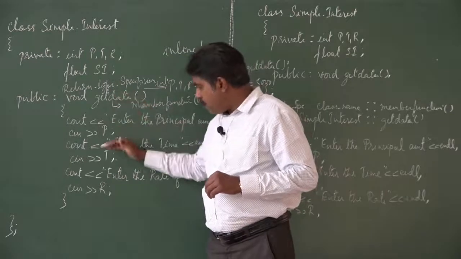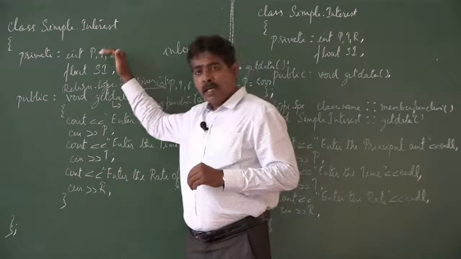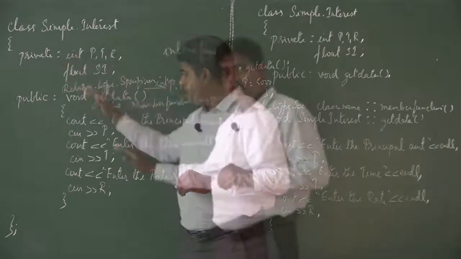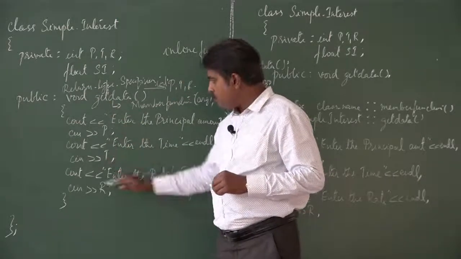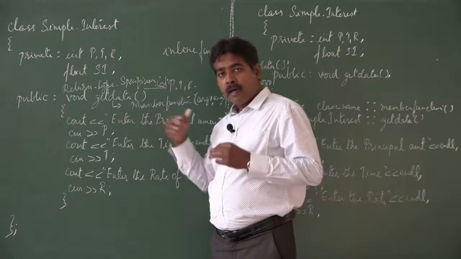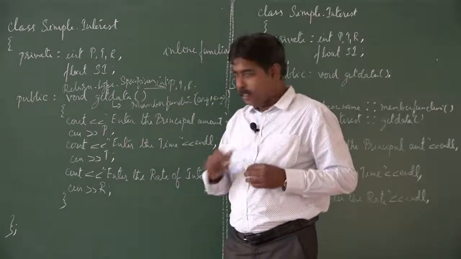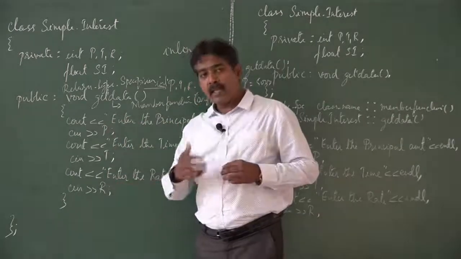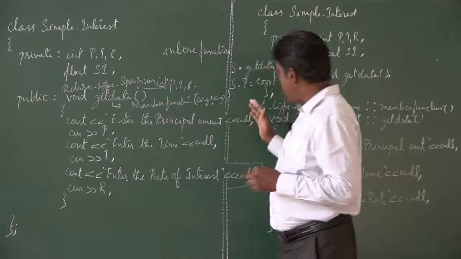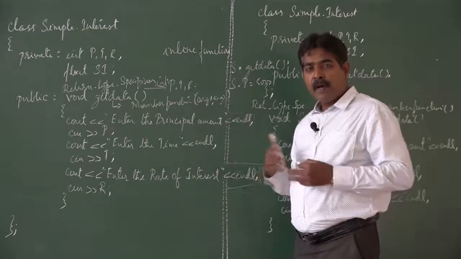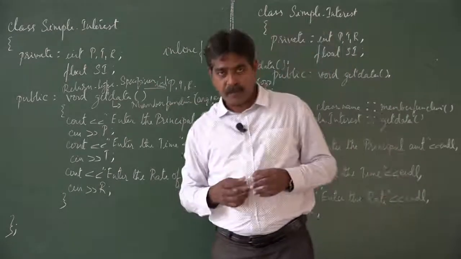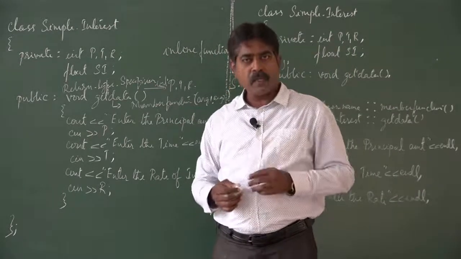So P, T, R are the data members under private which are accessed in getData, and these members are accessed indirectly. That is, P and T are accessed indirectly from getData, and we are going to work on the private. Hope you are able to understand what I am saying.